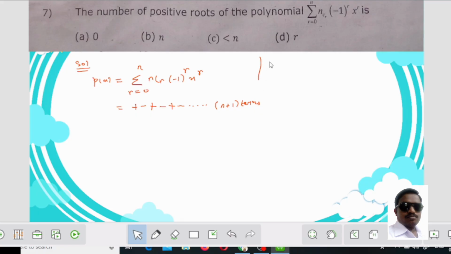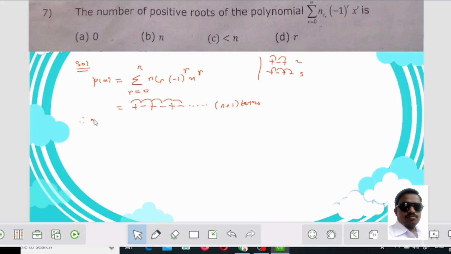See here, plus minus plus. Whenever 3 terms are there, there will be 2 sign changes. Plus minus plus minus plus. Whenever 4 terms are there, there will be 3 sign changes. But here there are n plus 1 terms, so there will be n sign changes in this expression. There are n sign changes in p of x.